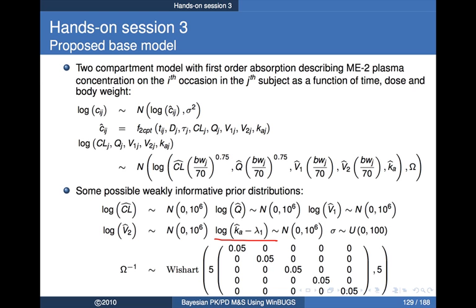So the assumption here is that I want not just Ka to be non-negative, I want Ka minus lambda 1 to be non-negative, which is equivalent to saying I want Ka to be greater than lambda 1.